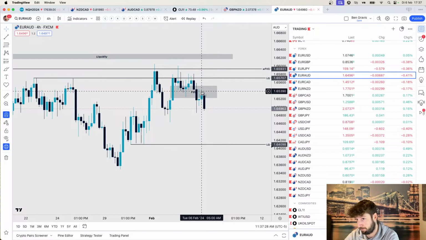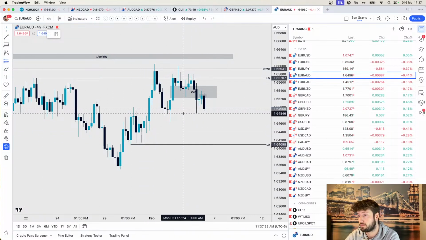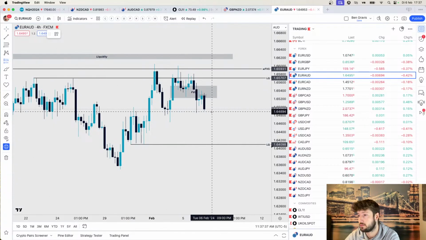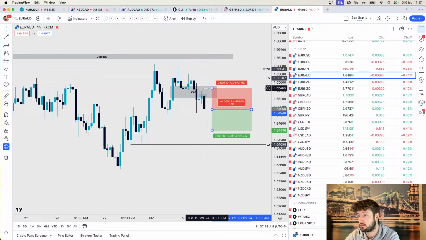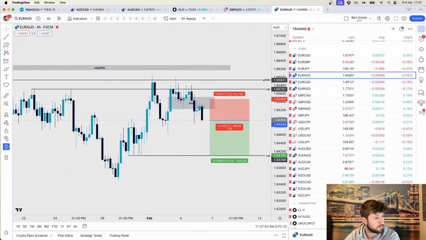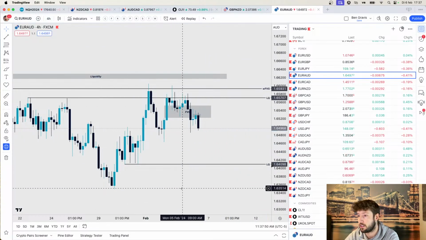One is bearish, likely hitting the lows here. Something like this. I'm not going to take it because it's on the 4 hourly.